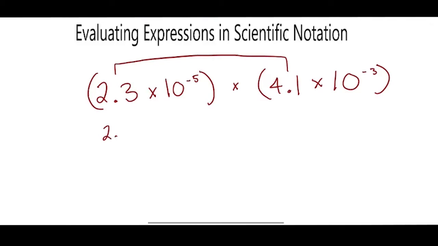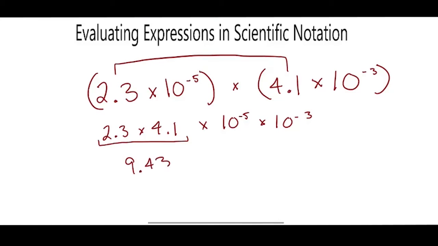So 2.3 times 4.1 times 10 to the negative 5th times 10 to the negative 3rd. Well, 2.3 times 4.1 is 9.43 times, well, I have 10 to the negative 5th, and then plus negative 3.